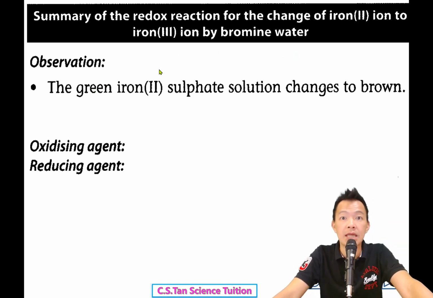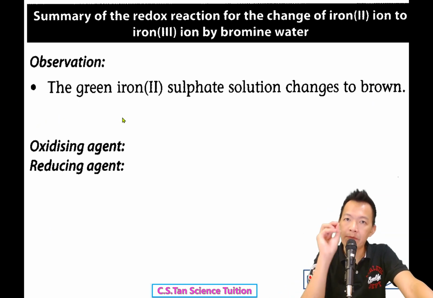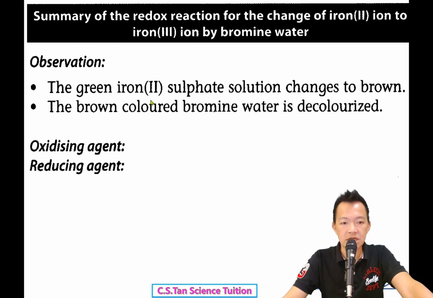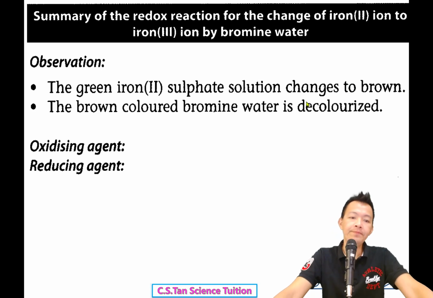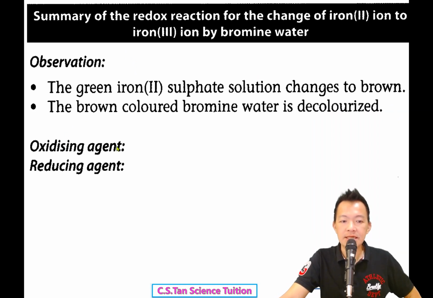But at the same time, what happened to the bromine? The brown color bromine water decolorizes, loses its color. At the end, what you see is green directly becoming brown.